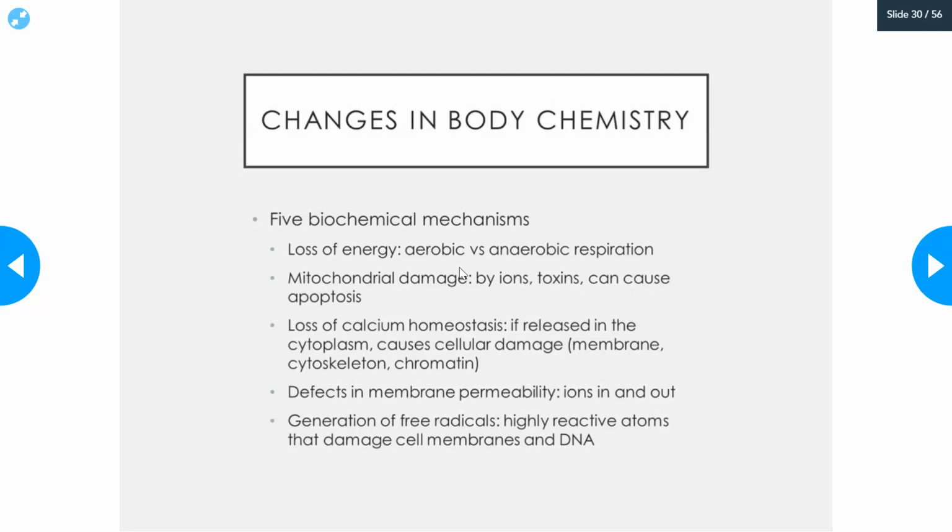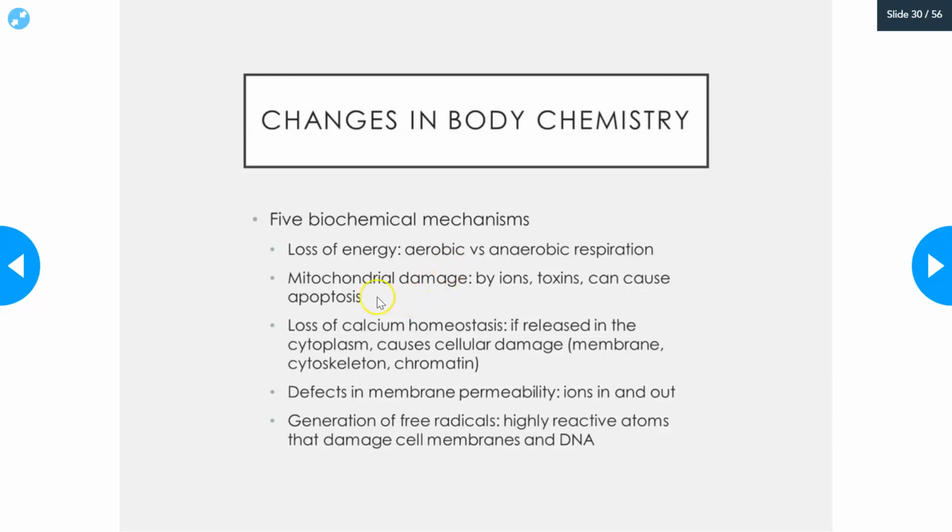Usually your ideal way of making ATP is through aerobic respiration using oxygen and glucose, and that leads to adequate amounts of ATP in your body. But if you do not have enough oxygen reaching your tissues, then you will go into anaerobic respiration and create a lot of lactic acid and a lot of acidity in the body. And then that in itself can cause more damage.